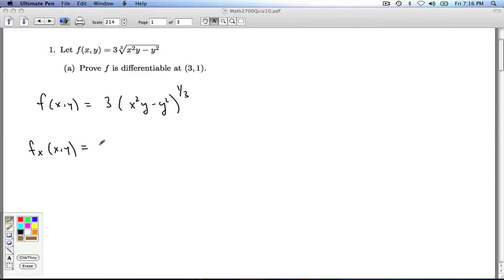So I've got 3 times the derivative of something to the 1/3 power is 1/3 times that something to the minus 2/3 power. And then chain rule kicks in. I'm taking the derivative with respect to x of what's inside.